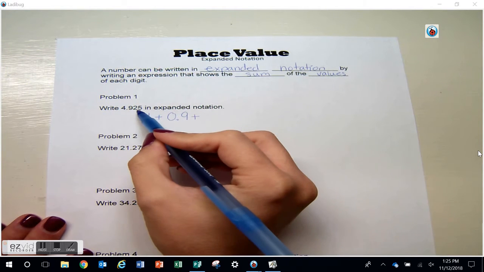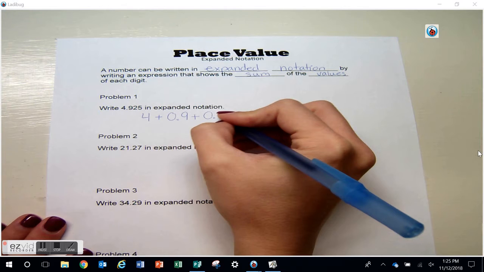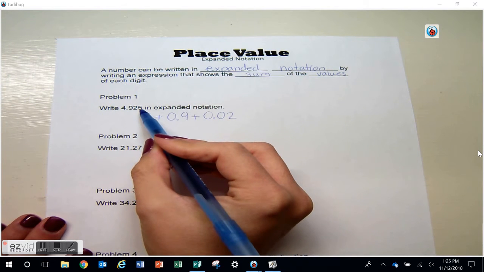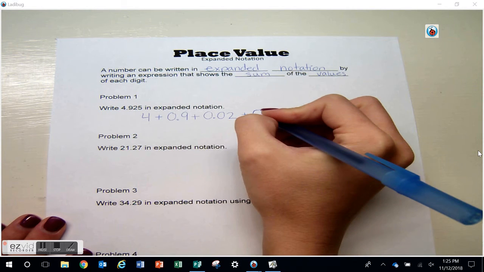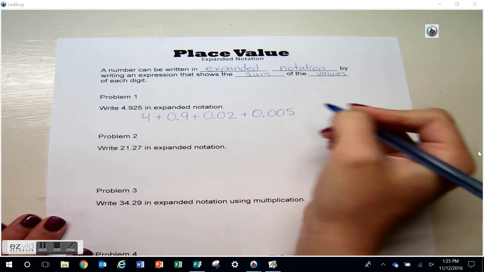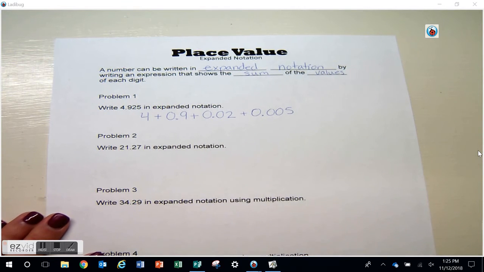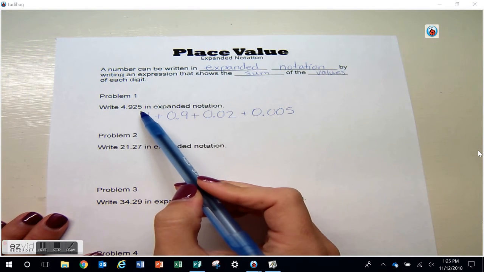The 2 is in the hundredths place. That 2 is worth 2 hundredths. That 5 is in the thousandths place. That 5 is worth 5 thousandths. This is the expanded notation, or one way to write an expanded notation of this decimal here.